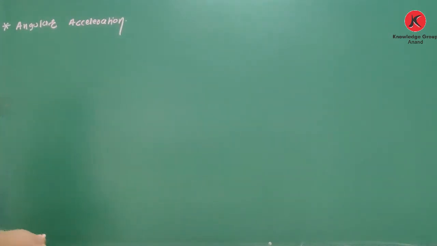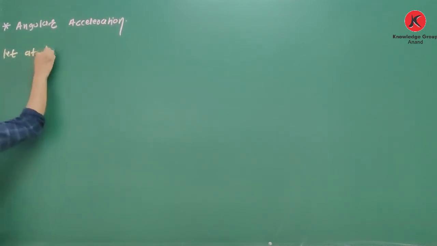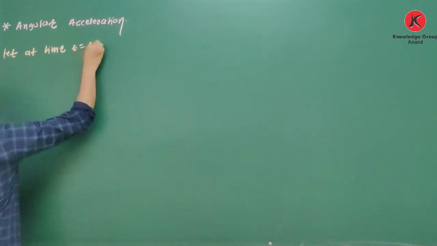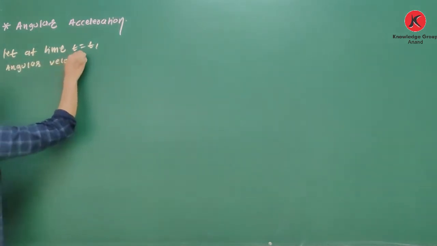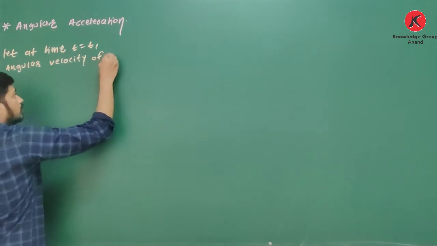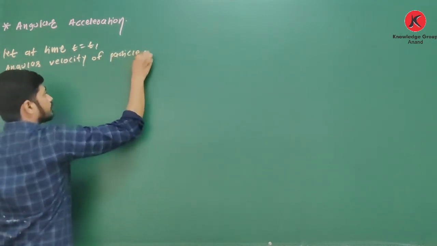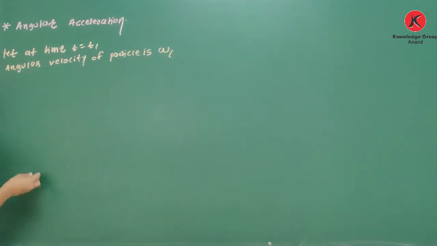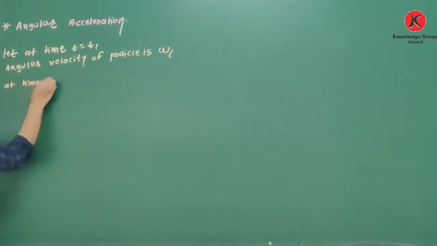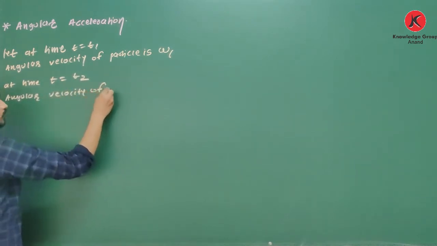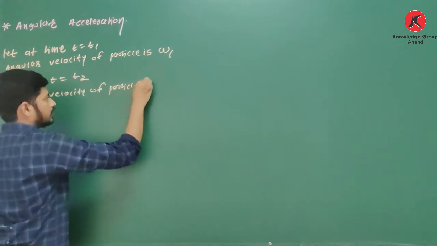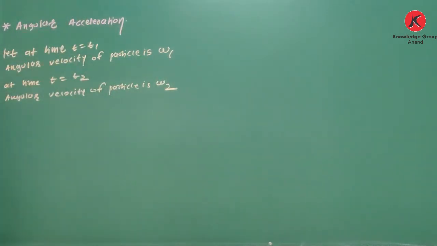See, let at time t is equal to t1, angular velocity of particle is omega1, and at time t is equal to t2, angular velocity of particle is omega2.